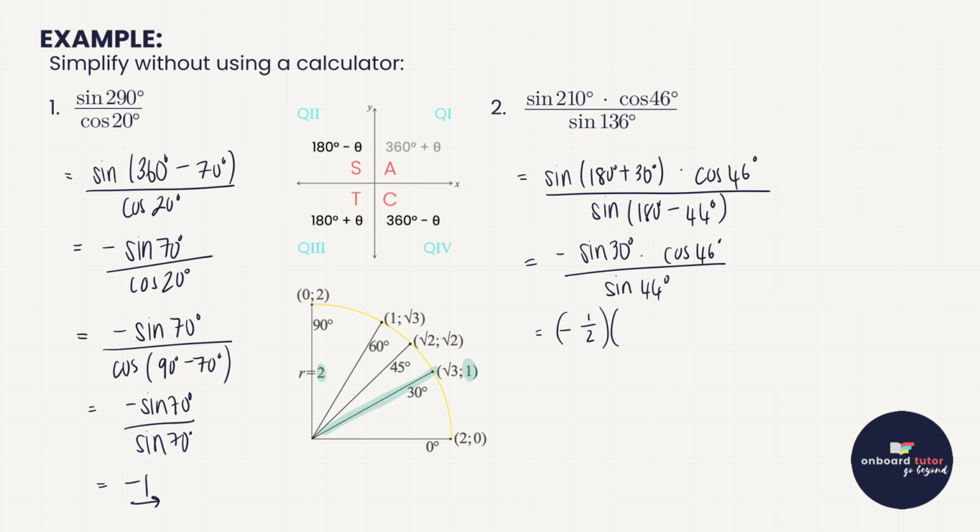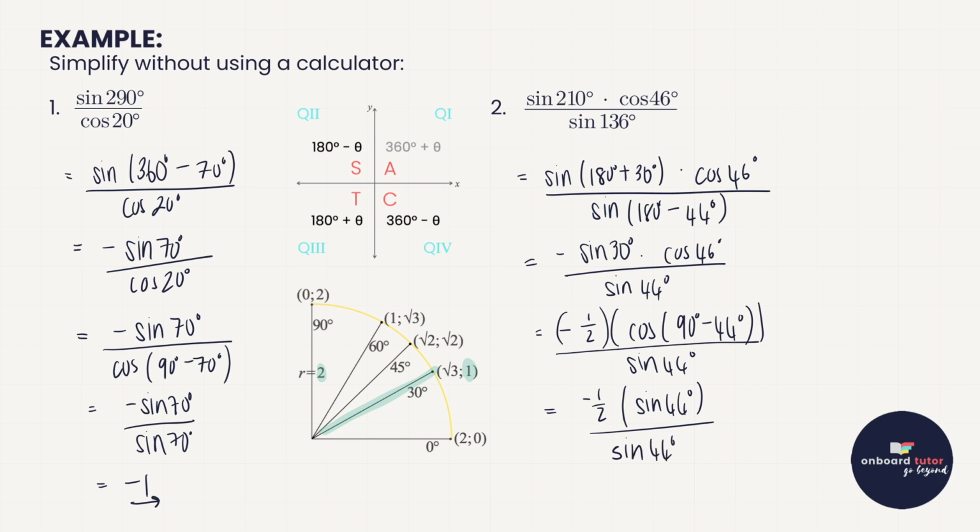So we can say, well, then let's rewrite this as cos of 90 minus 44 degrees, because that's what equals 46. Okay, over sine of 44, and then using our cofunction rule, we'll see it's minus a half times by, this is going to become sine of 44 over sine of 44. And those are just going to cancel, and so we have a final answer there of minus a half.